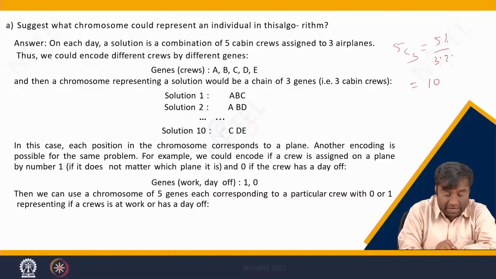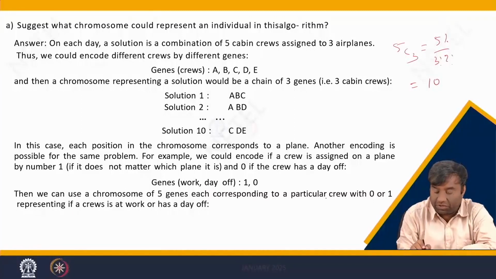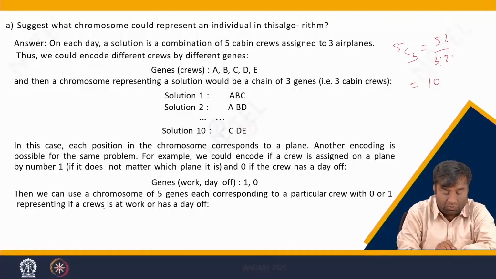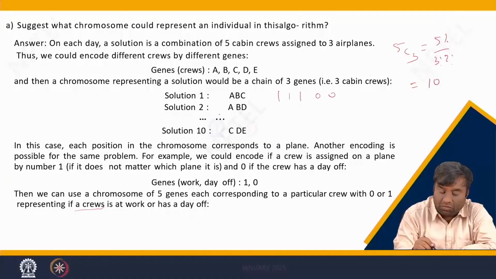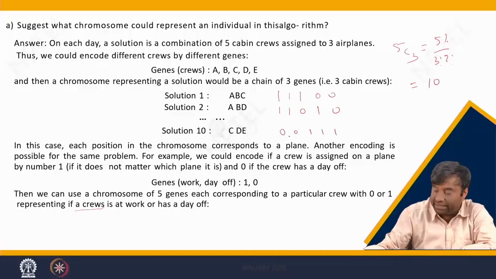Thus we can use a chromosome of 5 genes, each corresponding to a particular crew, with 0 or 1 representing whether a crew is at work or has a day off. So ABC can be represented as A is 1, B is 1, C is 1, D is 0, E is 0. That is a chromosome. Solution 2 is A, B, D working and C, E off: 1 1 0 1 0. That is an example of binary encoding.